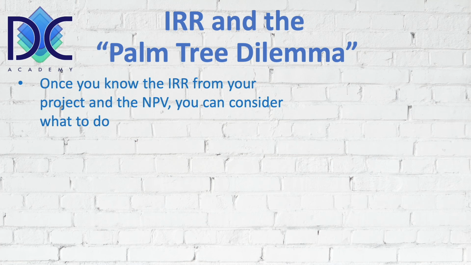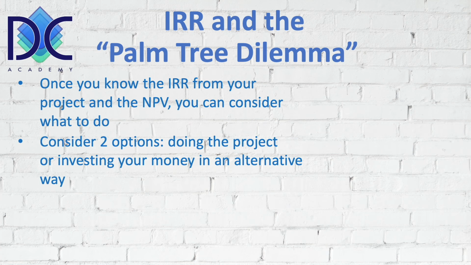Now, the next thing we have to do is see what we are going to do. We may have different options, and options may be to put the money in an alternative investment, for example, buying bonds or putting it in a bank account or buying stock instead of investing it in a project.